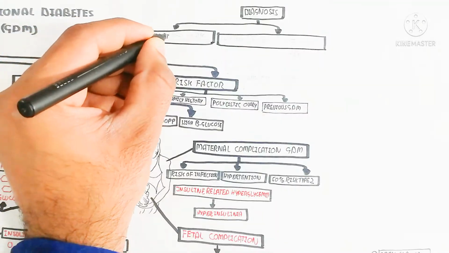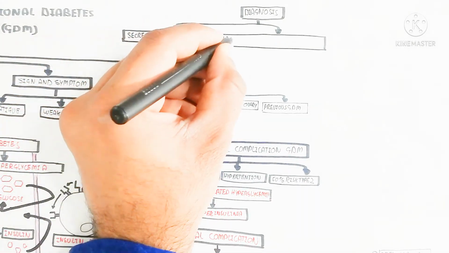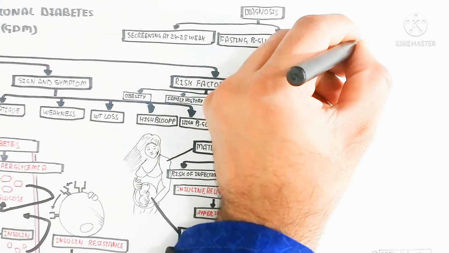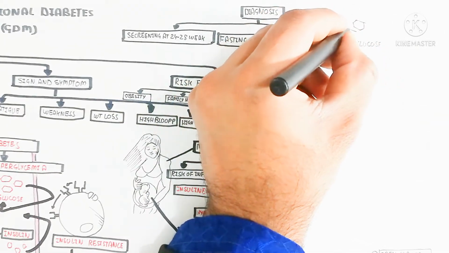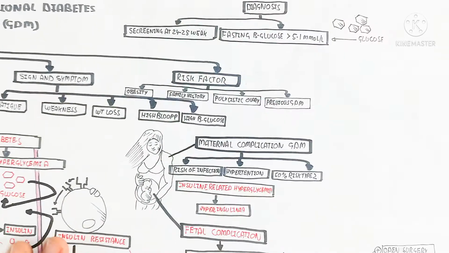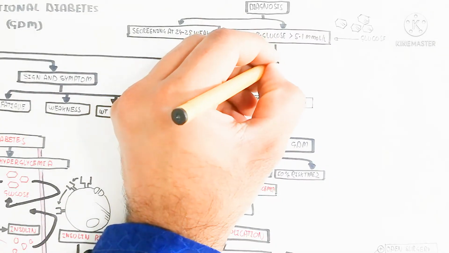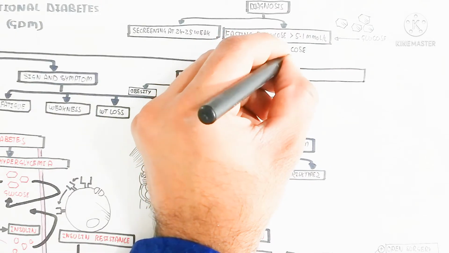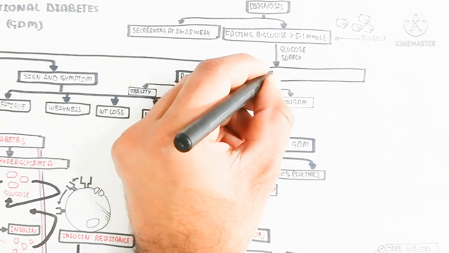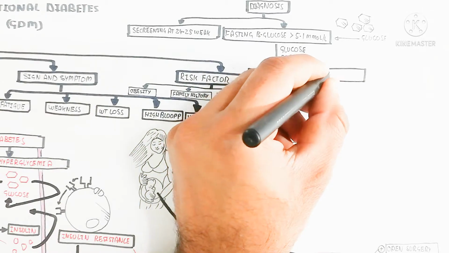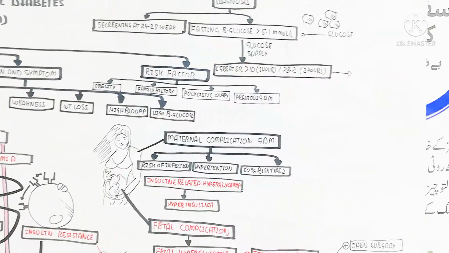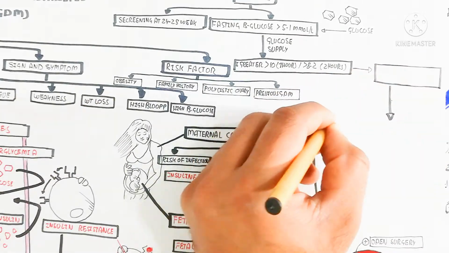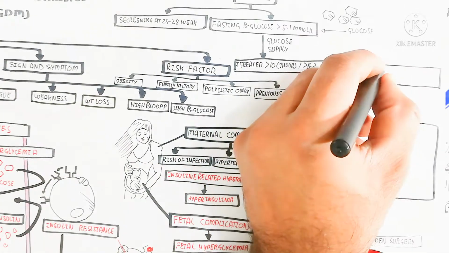While the diagnosis can be screening at 24 to 28 weeks through ultrasound. Fasting blood glucose should be 5.1 millimole per liter, and when we provide the glucose, the glucose after the meal should be greater than 10 millimole per liter at 1 hour, or more than 8.2 millimole per liter at 2 hours.